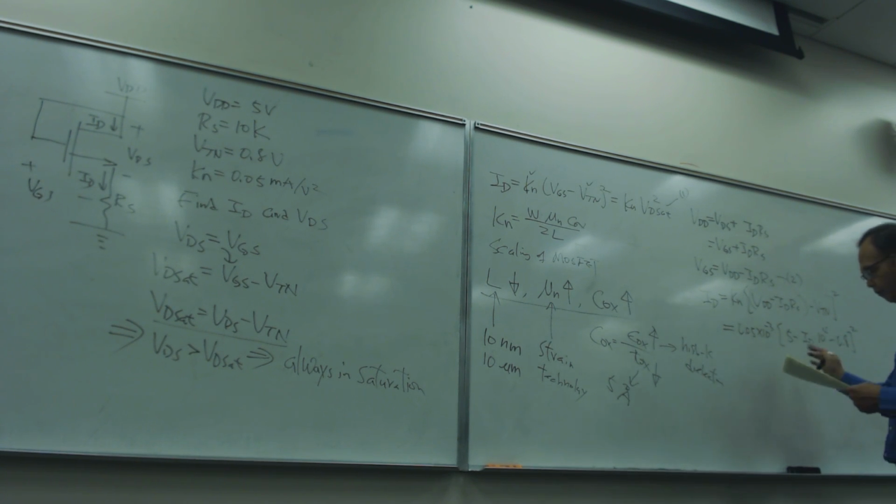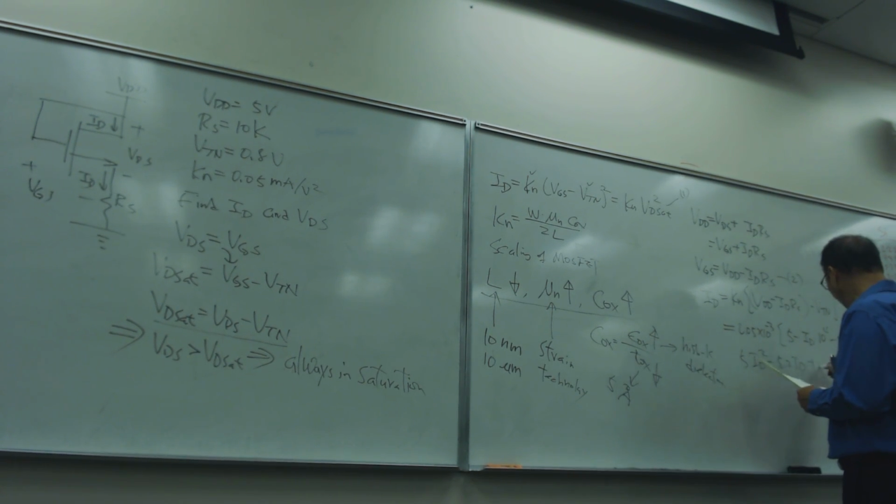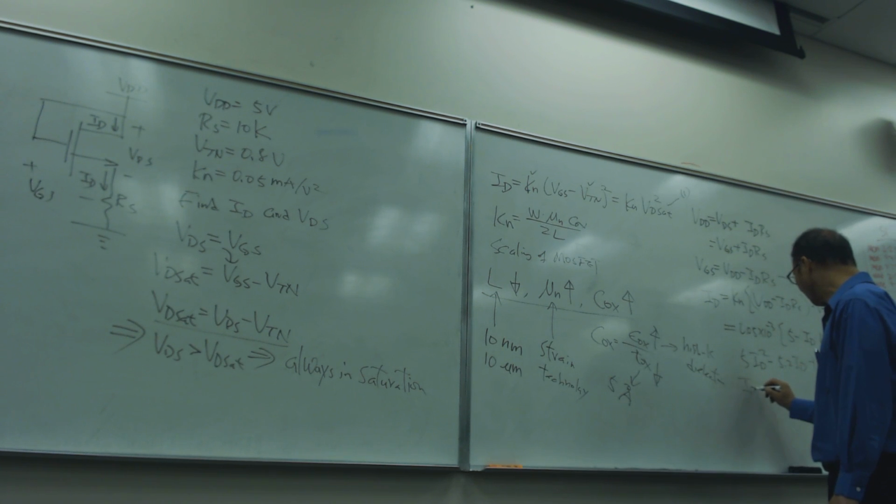Let me combine all this. So it's 5 ID squared minus 5.2 ID plus 0.9. From here to here, it's just like that. So this is a quadratic equation.